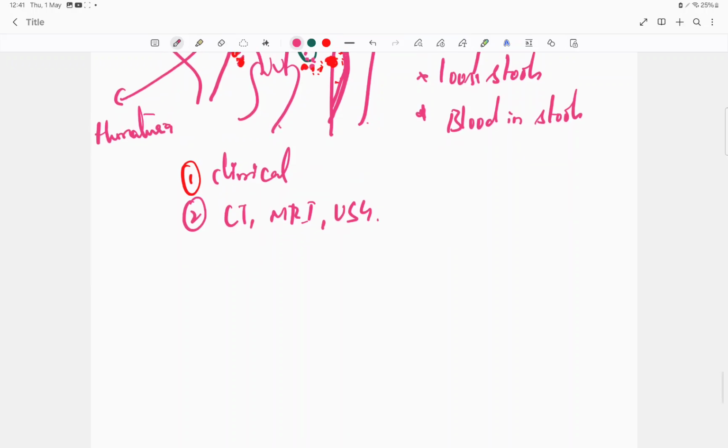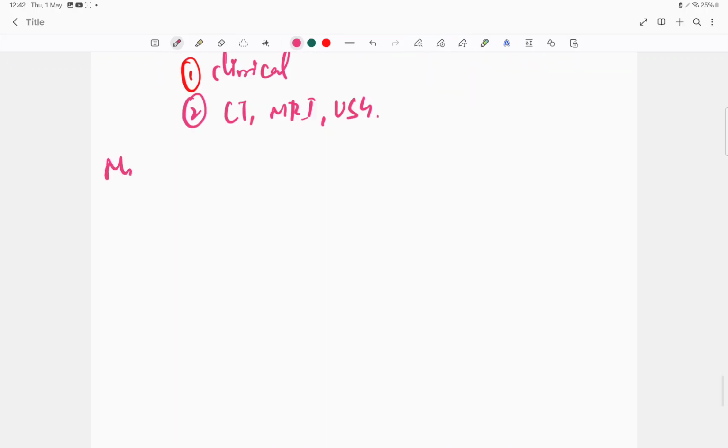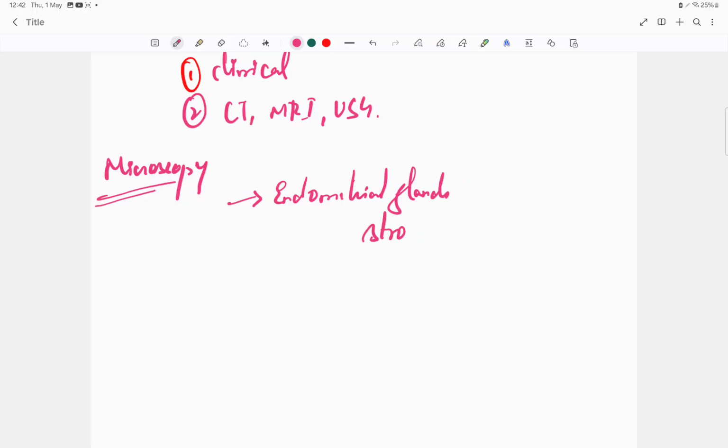Now, microscopically, what will happen? I told you what the composition of this endometriosis is. Obviously it should be endometrial glands, come on guys. I told you glands and stroma should be there. Along with this, there is also a very important structure called macrophages.